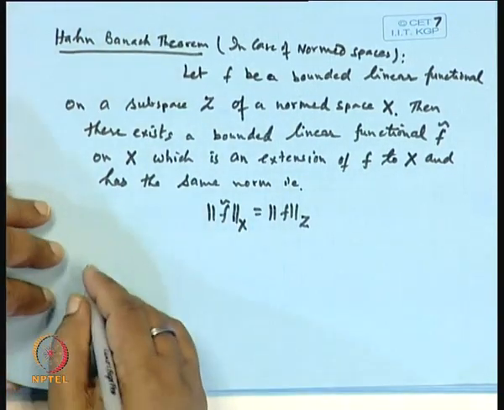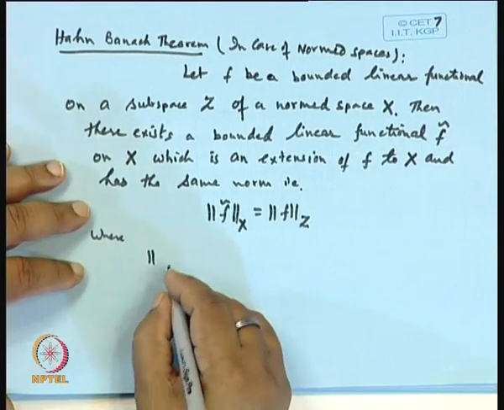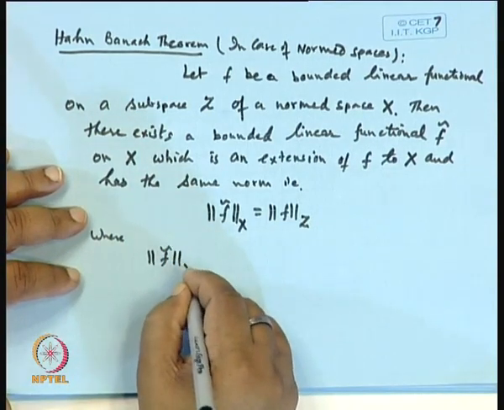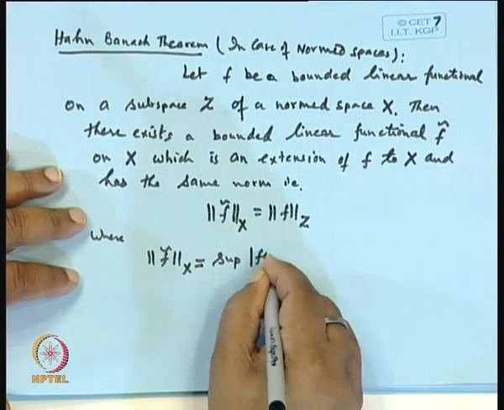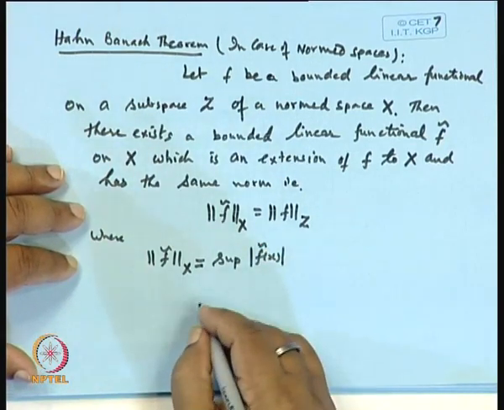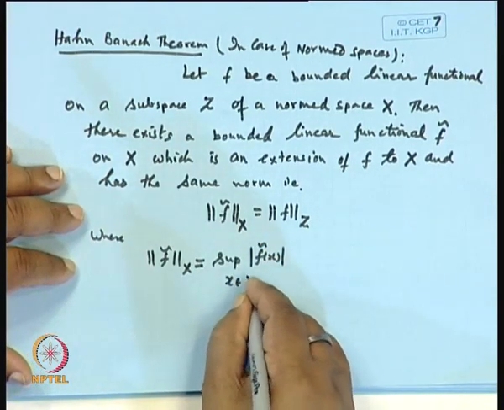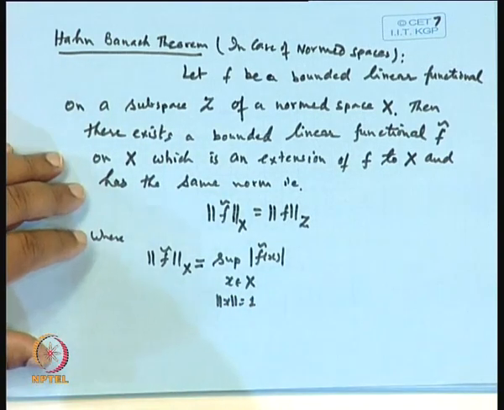What do you mean by this norm? The norm of f delta on X means, by definition, the supremum of modulus of f delta x, where x belongs to capital X and norm of x is 1. This is by definition.